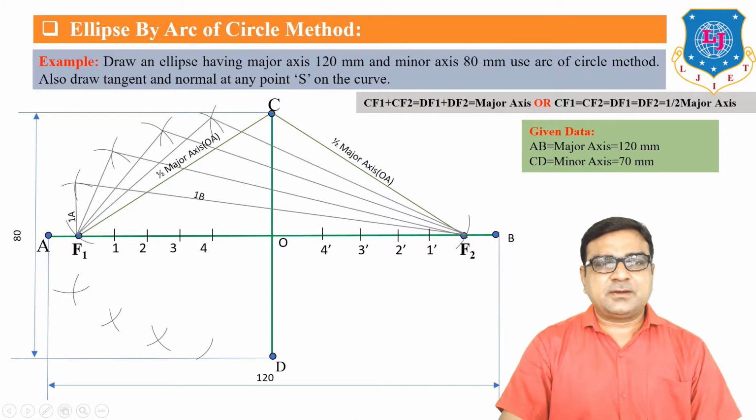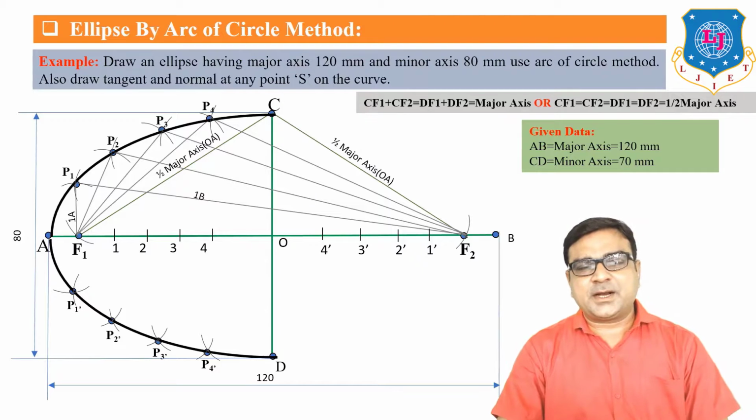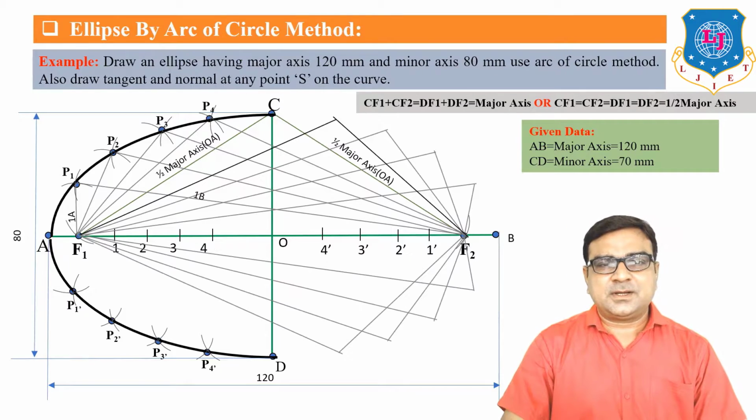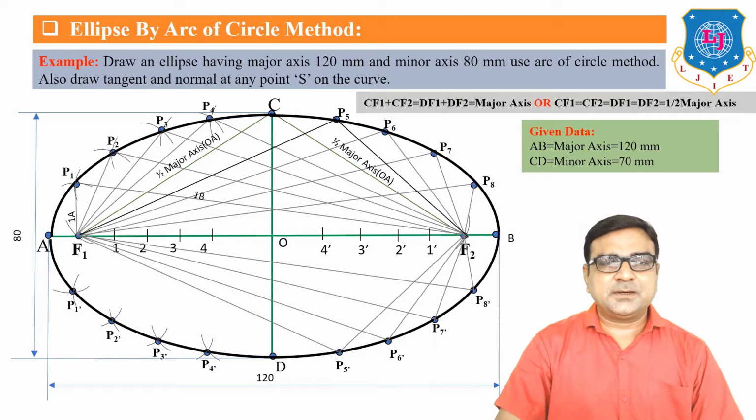And also for 4. P1, P2, P3, P4 are the points of the ellipse. Also P1 dash, P2 dash, and trace the curve. Now the same procedure you have to apply on the right side also and complete the curve by tracing all the points. This is the ellipse using the arc of circle method.